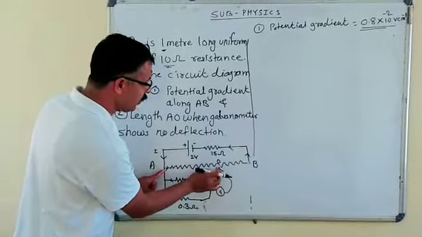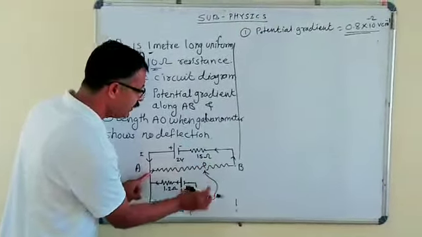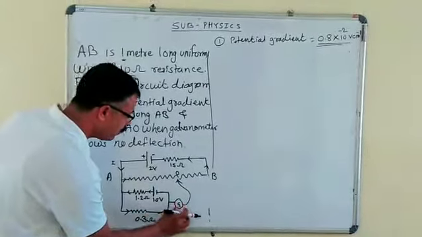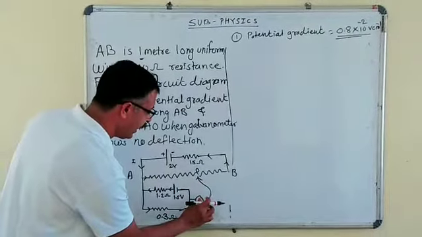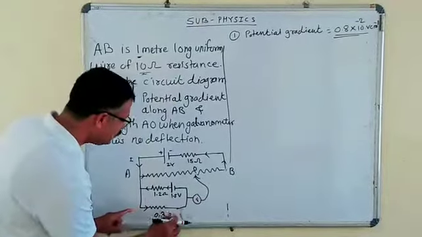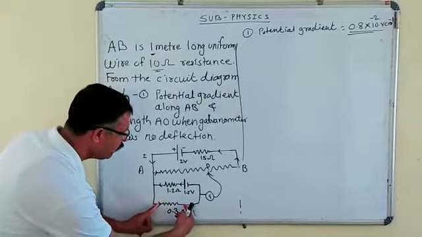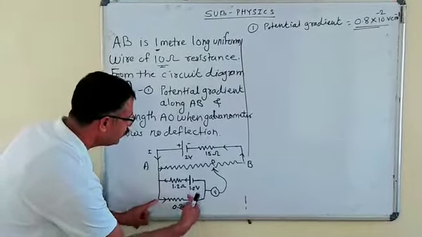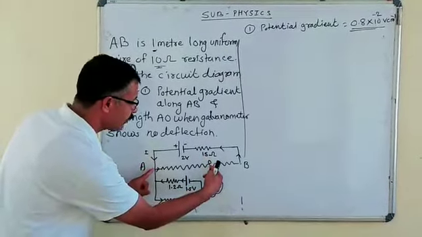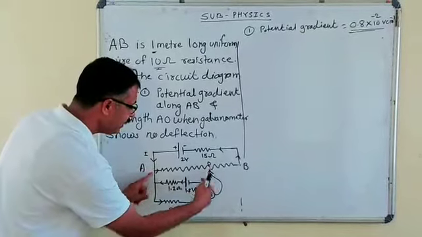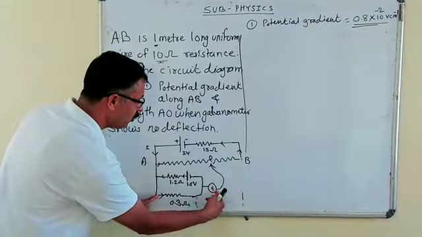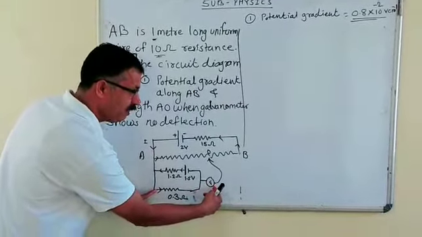When the jockey is touched to this point, the galvanometer shows no deflection. It means that the potential difference across this 0.3 ohm resistor is equal to the potential difference across AO. Then and only then is it possible that the galvanometer shows no deflection.